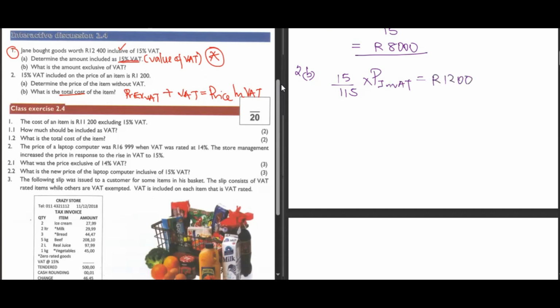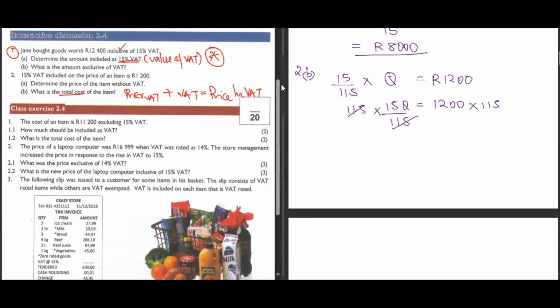So since we don't know this, we shall replace it with any letter of our choice. We let it be Q. So we shall say 15 times Q will equal 1,200. Do the method of cross multiplying. What you do on the right, you do on the left.